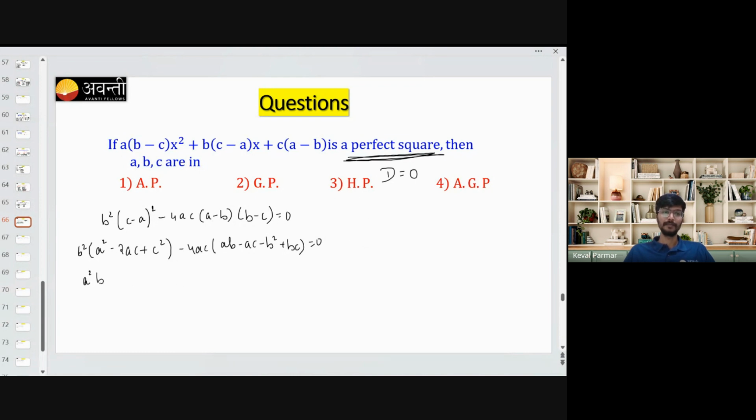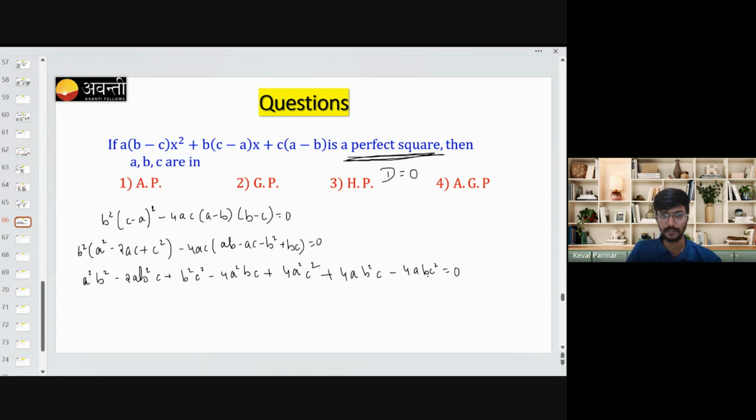So we get a square b square minus 2ab square c plus b square c square minus 4a square bc plus 4a square c square plus 4ab square c minus 4abc square equals to 0.